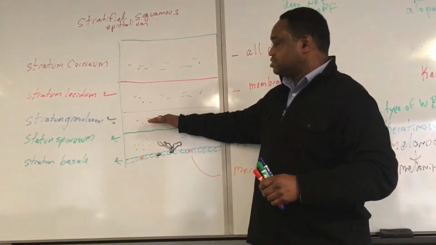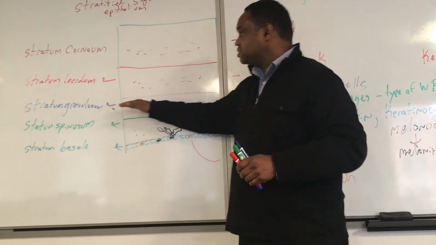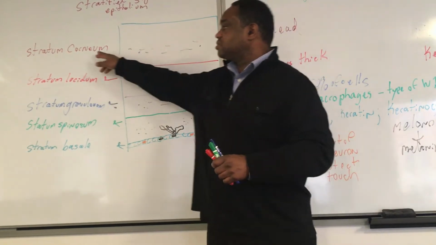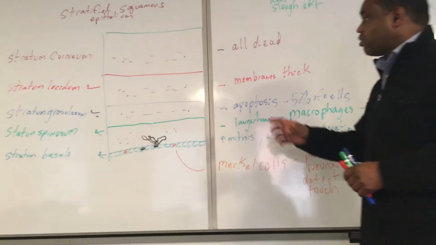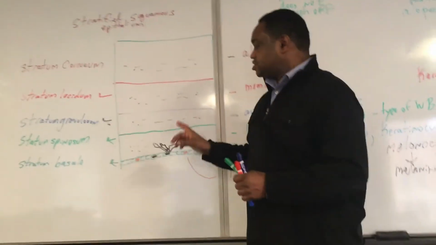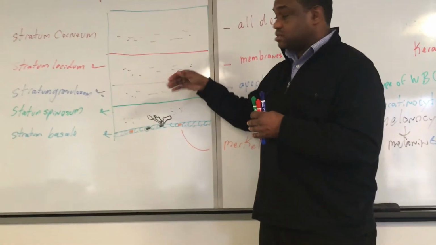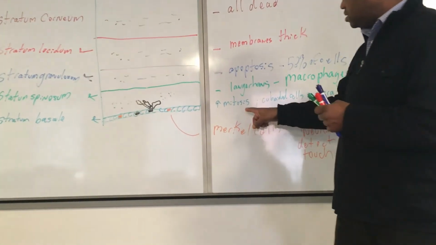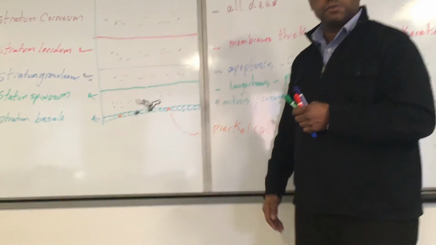Then those same cells keep ascending to the stratum granulosum, then ascend to the stratum lucidum, and then ascend to the stratum corneum. So this is the process of creating what we call the epidermis. The deepest layer, the stratum basale, consistently does mitosis and creates the other, more superficial layers.